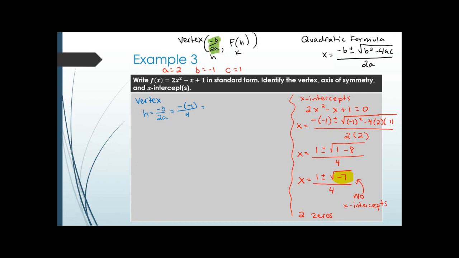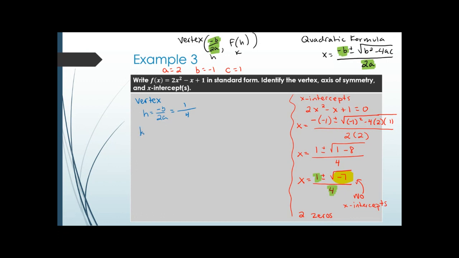So the negative b over 2a, that's going to be 1 and 4, because we already found those. So I can even just go straight to there once I've done the quadratic formula, because I've done all that work. So negative b came out to 1, and 2a comes out to 4. So our h here is 1/4.